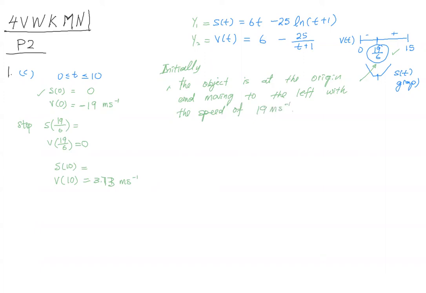Then I can say the velocity is increasing. Why I say it's increasing is because it goes from negative 19 to 0. You see, from negative 19 go to 0, so this is called increasing.